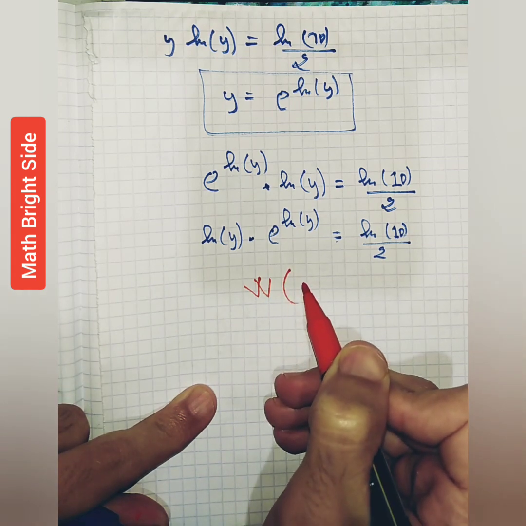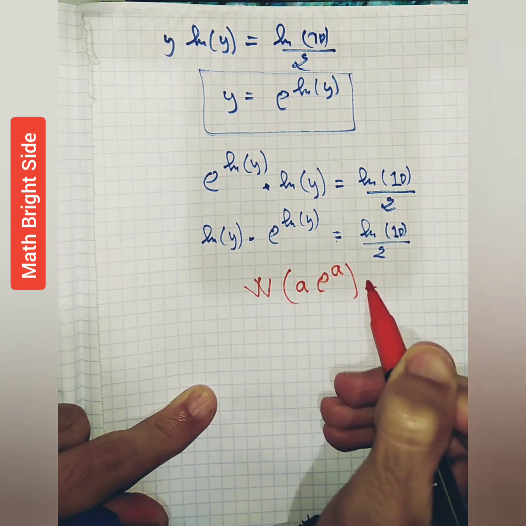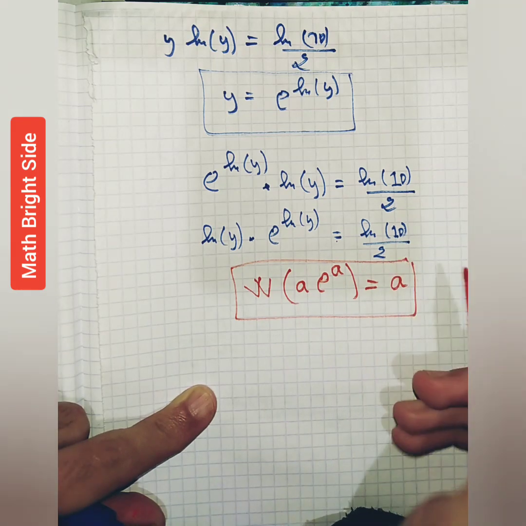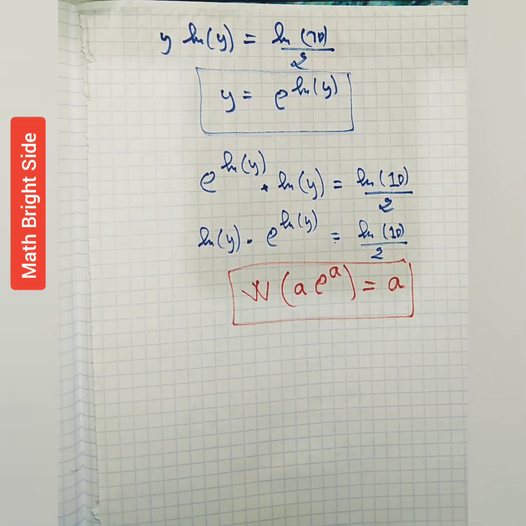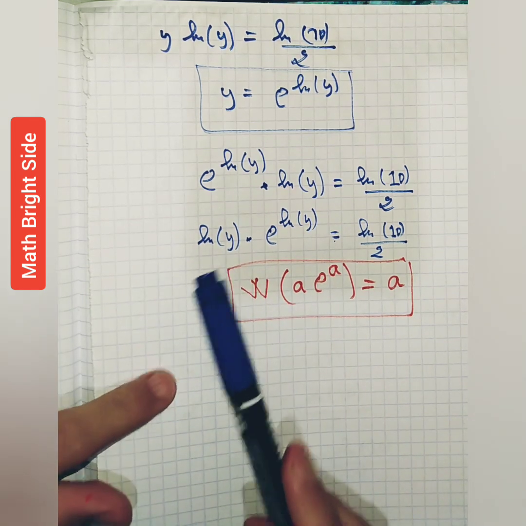We know that for numbers a, a exp(a) is equal to a, where a equals ln y.